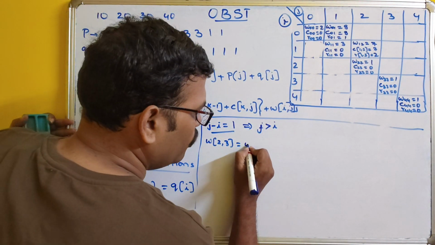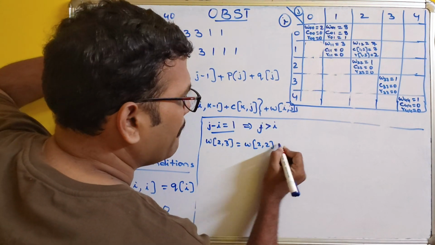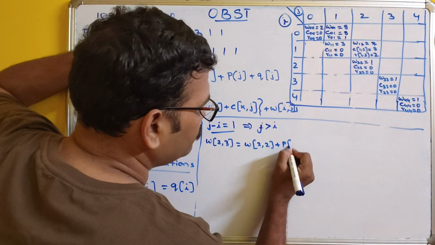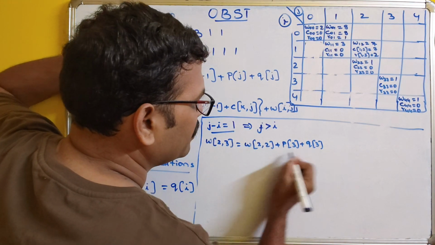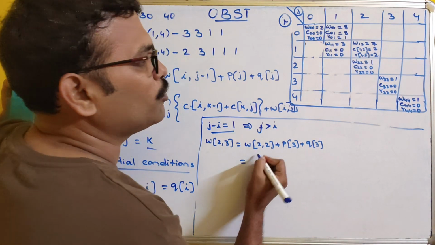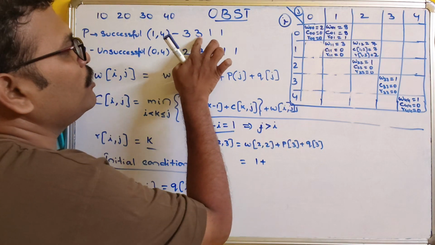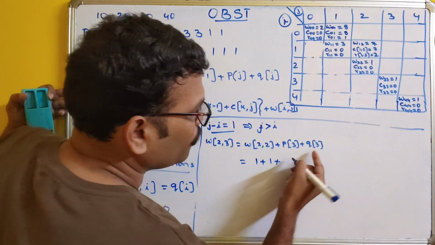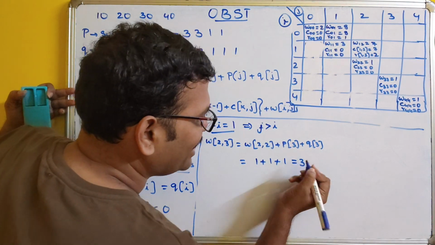So W of i comma j minus 1, 2 comma 2, plus P of j, that is 3, plus Q of j, which is again 3. So W of 2 2 is 1, plus P of 3, 1, 2, 3, it's 1, plus Q of 3, 0, 1, 2, 3, it's again 1, which is 3.